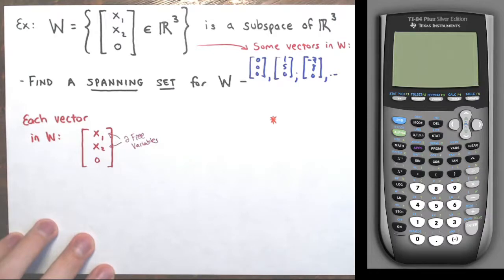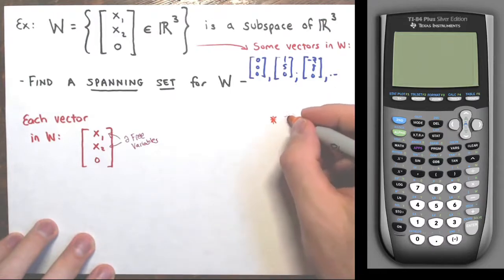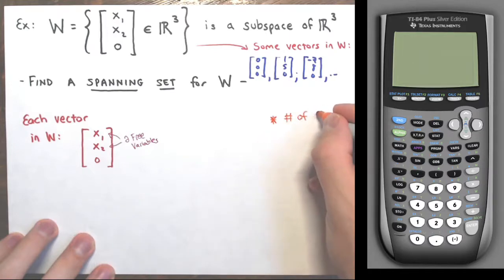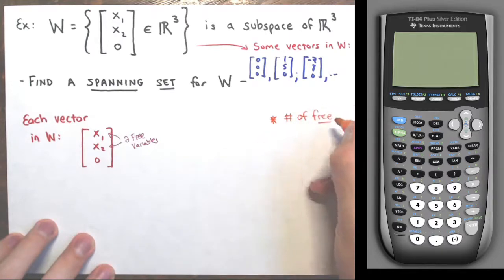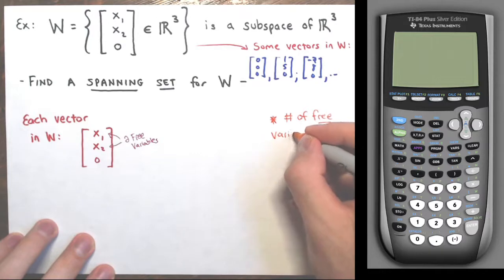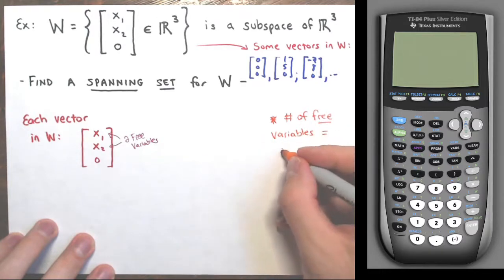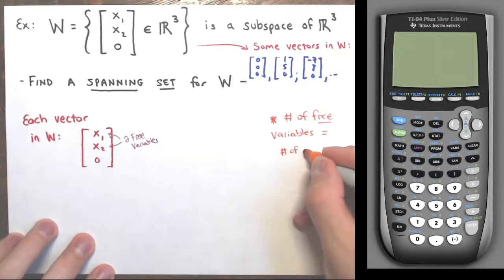And did you notice how every spanning set for those last two examples only had one vector? So the number of free variables will be equal to the number of vectors in a spanning set.